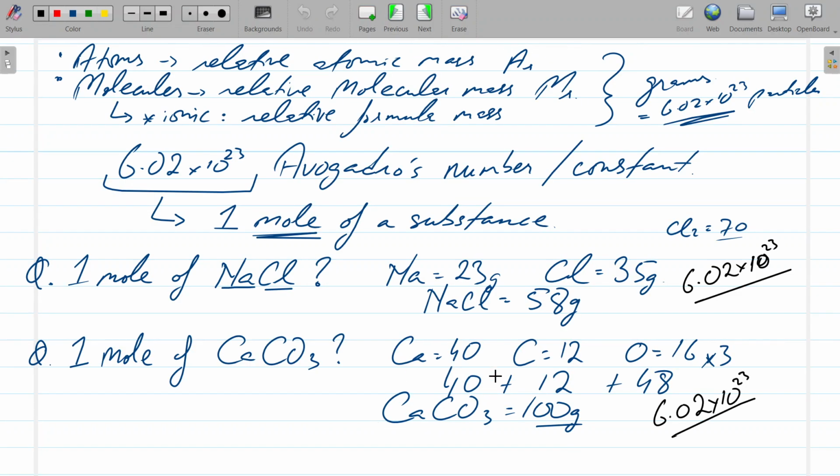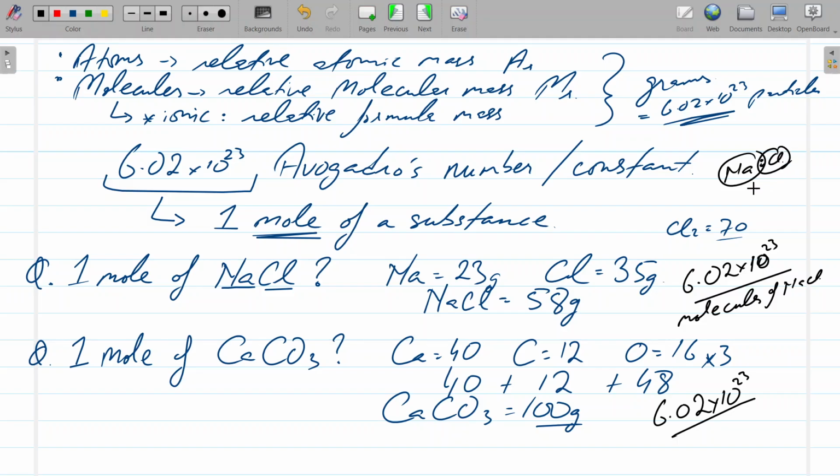Whereas for sodium chloride, 58 grams will have 6.02 into 10 to the power 23 molecules of NaCl, the Na and the Cl with the ionic bonding.